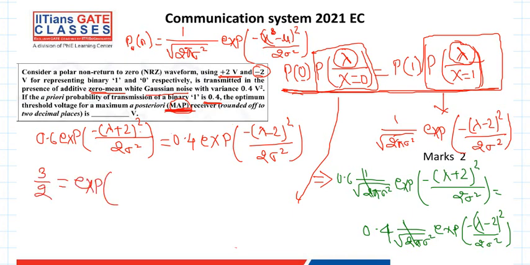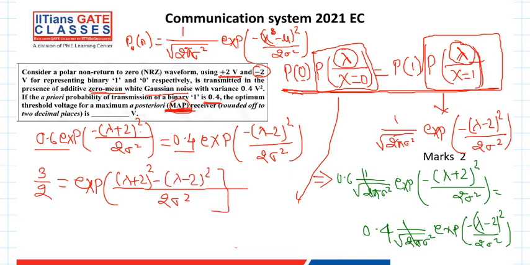So what I'm doing here is dividing this by this, and taking all the exponential to the power on this side. So it will become 1 upon 2 sigma square times ((lambda plus 2) square minus (lambda minus 2) square).